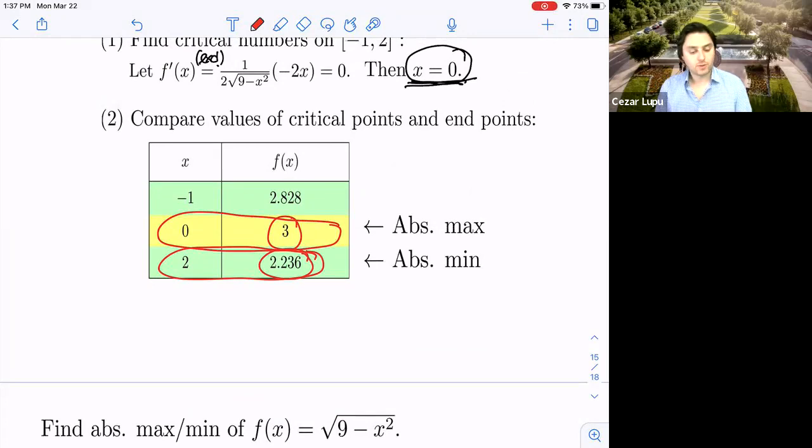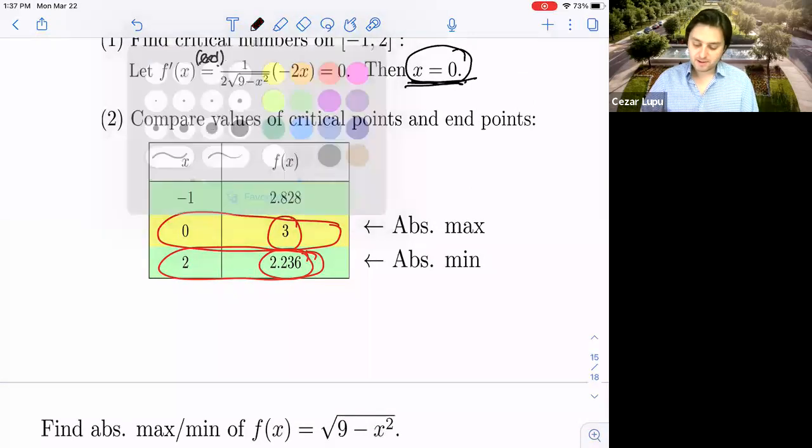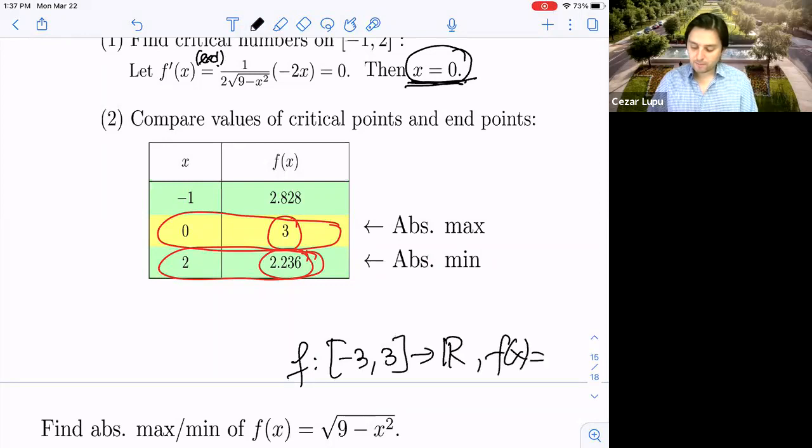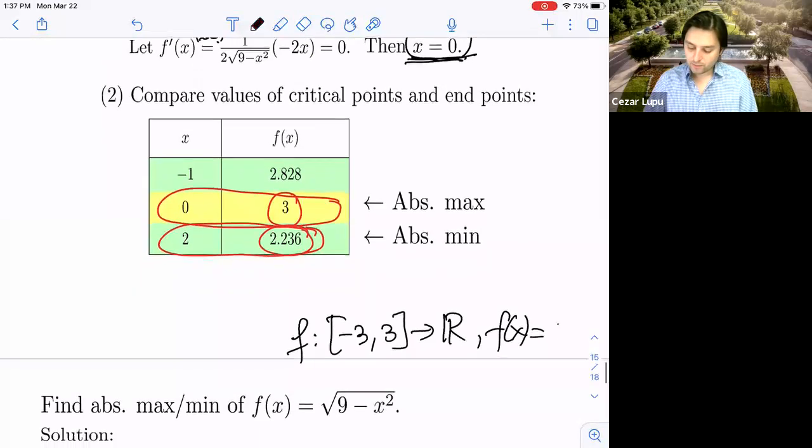So f is defined on what interval? Can you tell me? We said this earlier. F is defined on -3, 3, closed interval, right? Right, so this is f of x is the square root of 9 minus x squared.